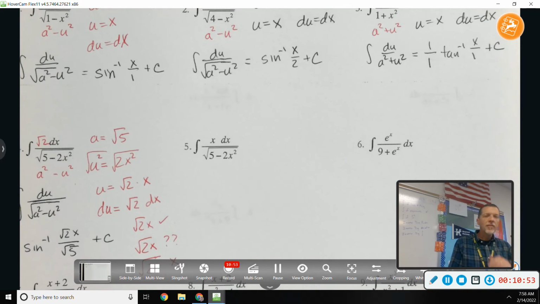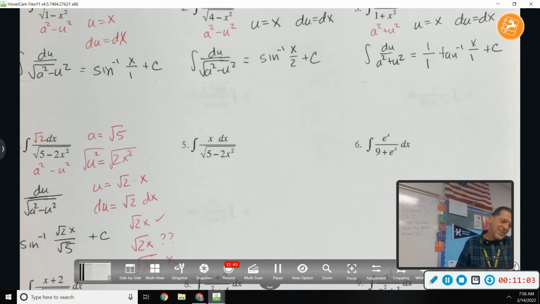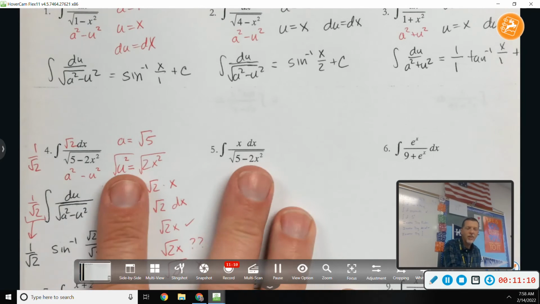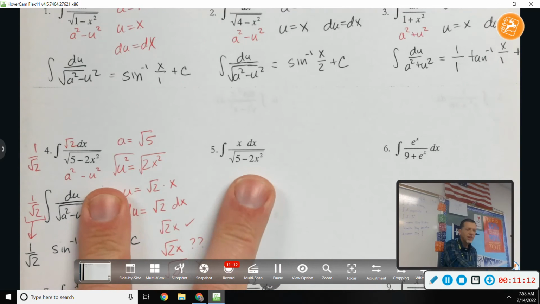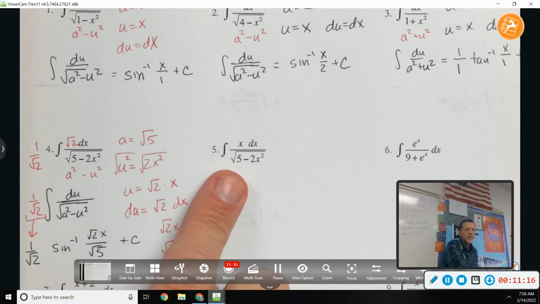All right, number 5. What's number 5 look like? Okay, it looks like sine. I don't think it can be inverse sine because, especially compared to number 4, there's an x in the top, and I can't fix an x.